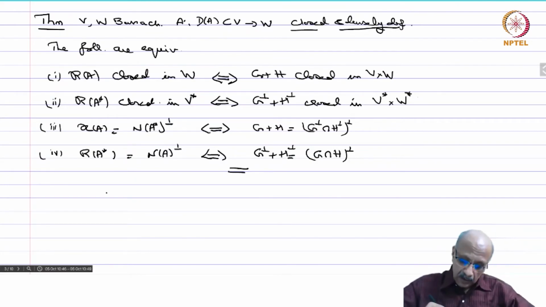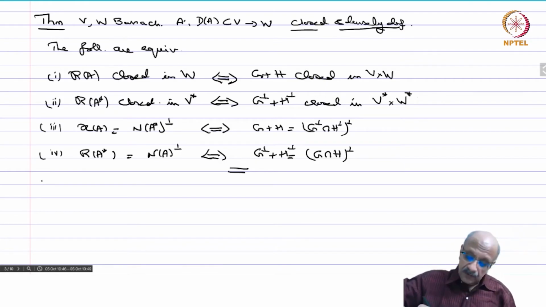Okay. Now remark, of course, all these theorems are naturally true for continuous linear operators because they are automatically closed, densely defined because they are defined everywhere. In particular, remark again, suppose V, W finite dimensional.